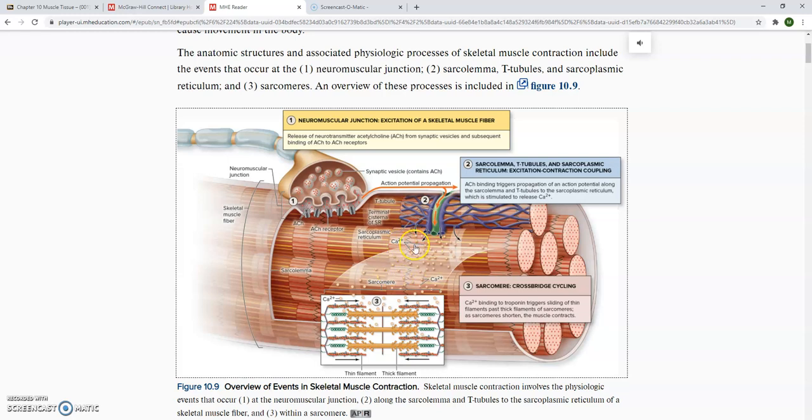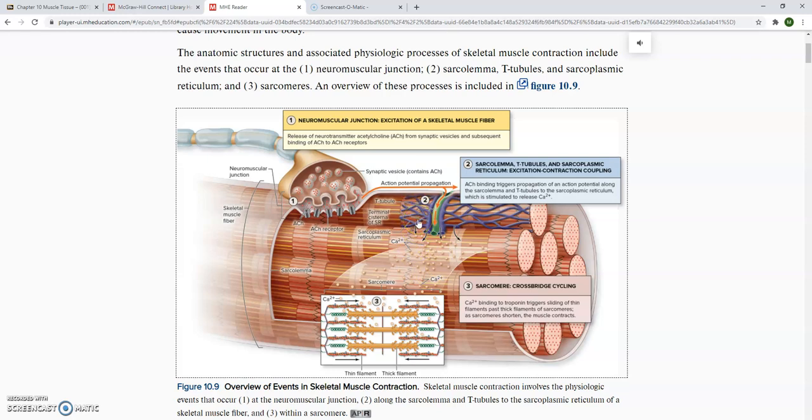So no more calcium can leave the sarcoplasmic reticulum. And any calcium that's actually left in here from a previous stimulation for a contraction doesn't just hang out in here. It gets pumped, so actively transported, back into the sarcoplasmic reticulum through calcium pumps. They don't actually show them on here, but they will continue to pump any calcium that's left in the sarcoplasm back into the sarcoplasmic reticulum.